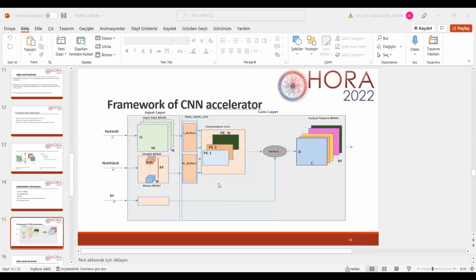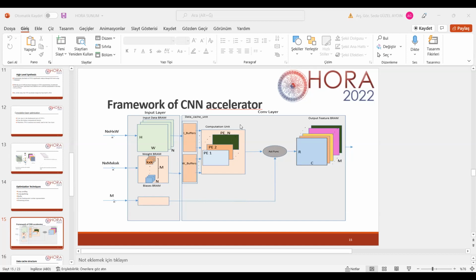This is our framework for the CNN accelerator. It consists of two layers. First is the input layer, and the second is the convolutional layer. The input layer is responsible for storing data in VRAM units, as shown here. VRAMs are the embedded block RAM on the FPGA.